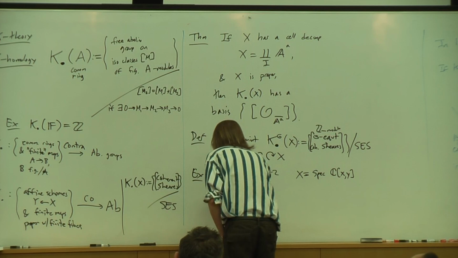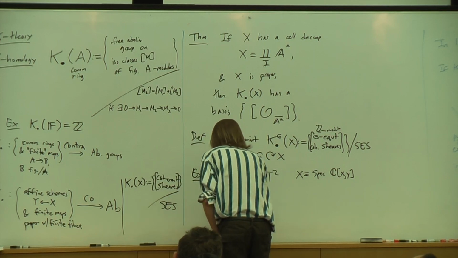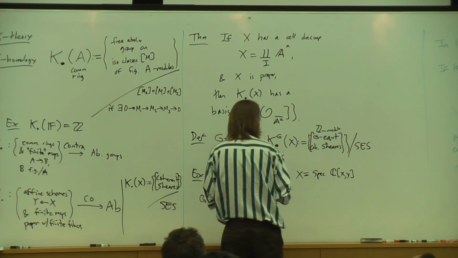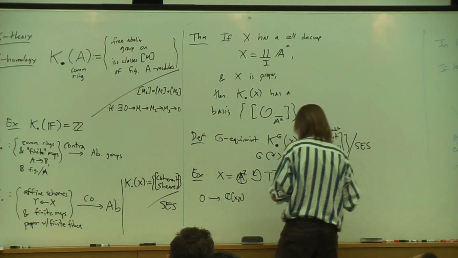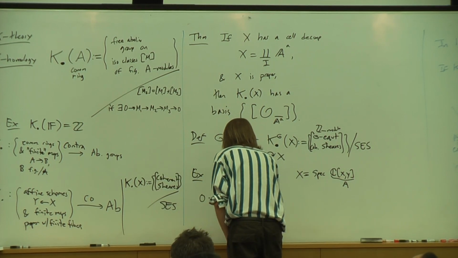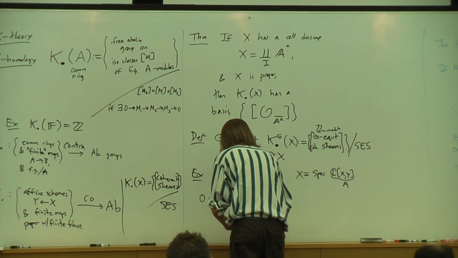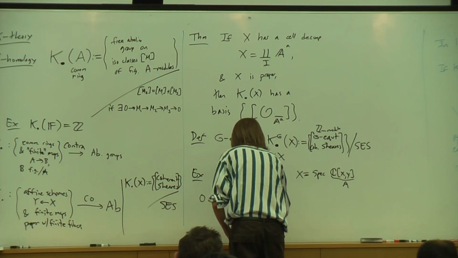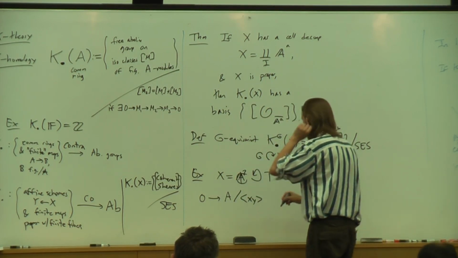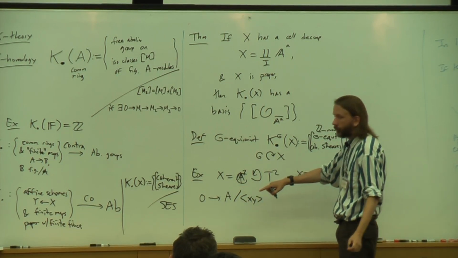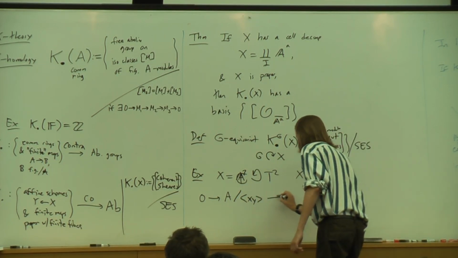Then I have the short exact sequence of modules. There's the module C bracket XY, because I'm going to call this thing A, so I'm going to keep writing it. There's going to be the module A mod the ideal generated by X times Y. And you can further quotient this by X and by Y, and I'm going to do both.